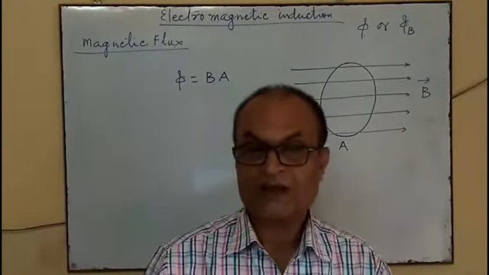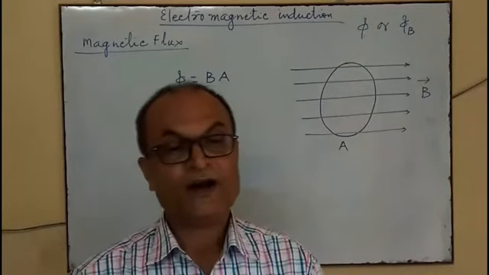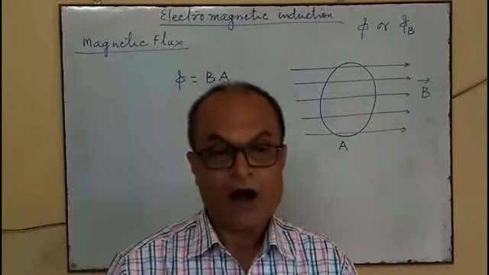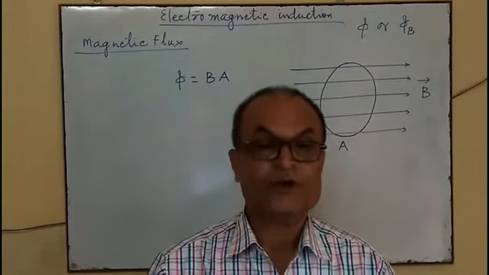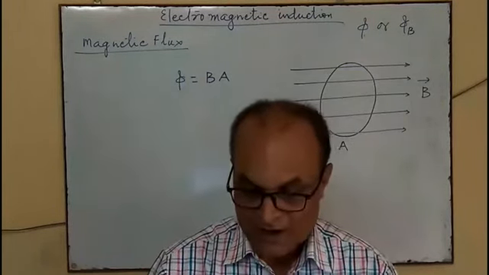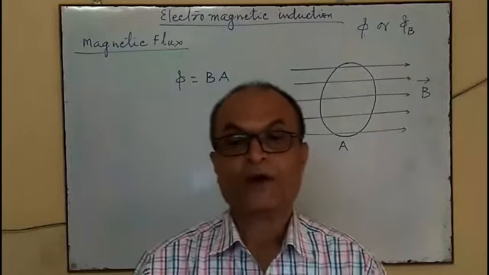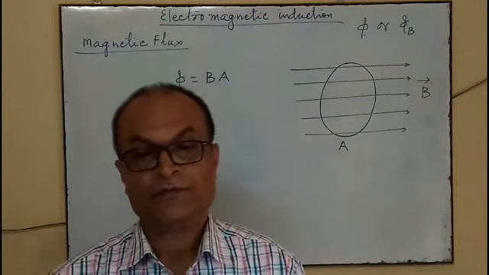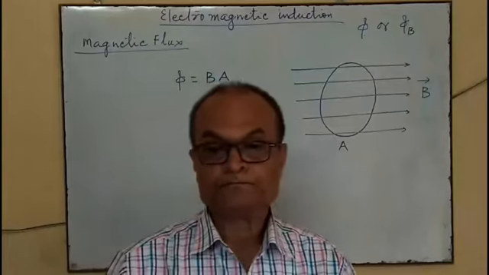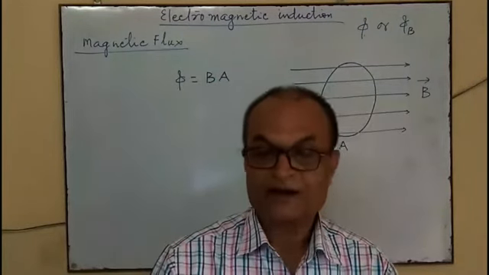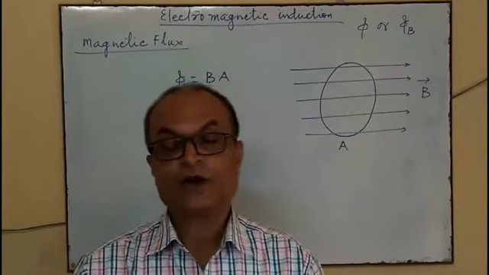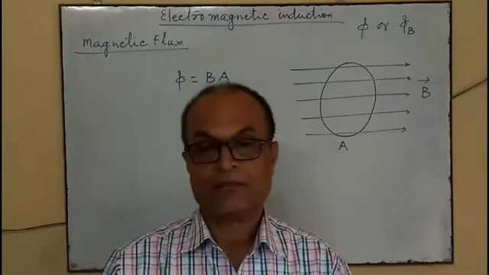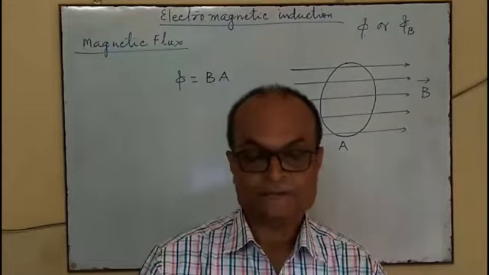But here both magnetic field and area are perpendicular to each other. Now suppose we want to find the magnetic flux when the magnetic field is not normal to the area.